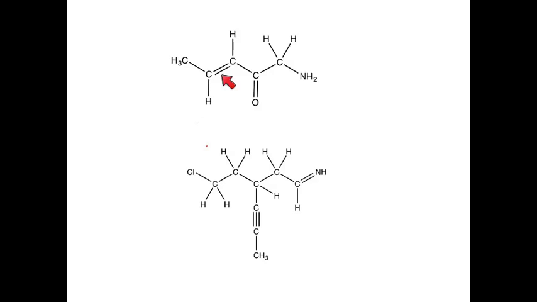When we think about a double bond, we know that a double bond consists of 1 sigma and 1 pi, and that's true for all the double bonds we have.